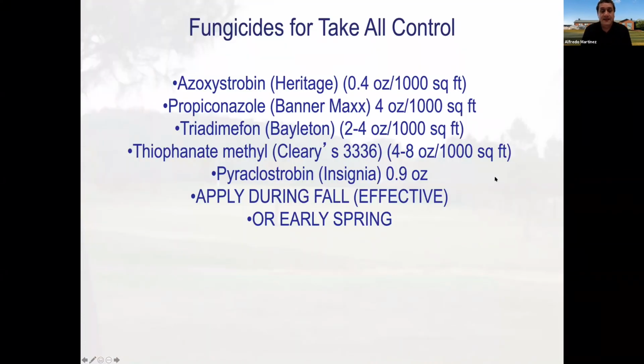Now, take-all, or Bermuda grass decline. We called it Bermuda grass decline because take-all was first found in Bermuda grass, but now we call it take-all. It's a stress disease, meaning that if you take a sample and it's diagnosed as take-all, this thing has been there for a couple of years or is progressively getting worse.